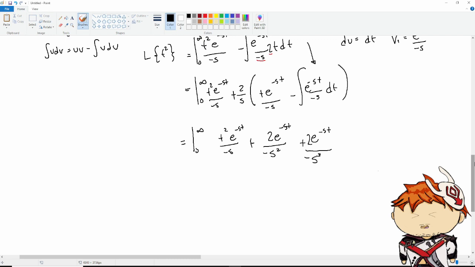We still have to evaluate the value when we substitute the infinity and the zero. Let's get started.